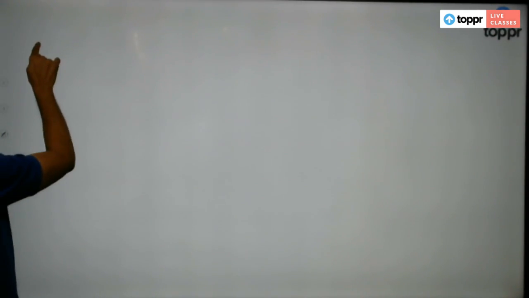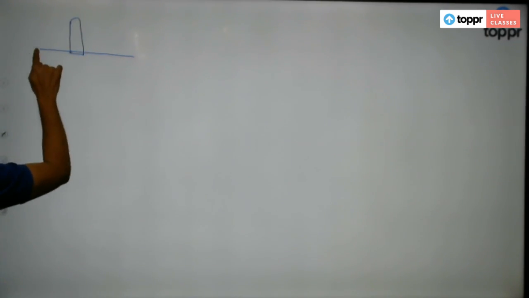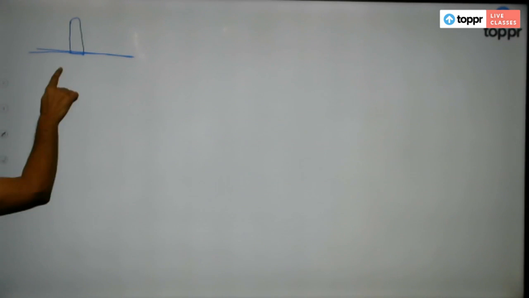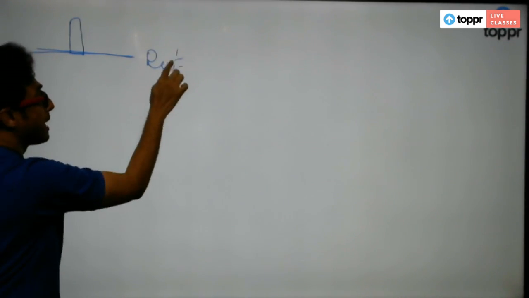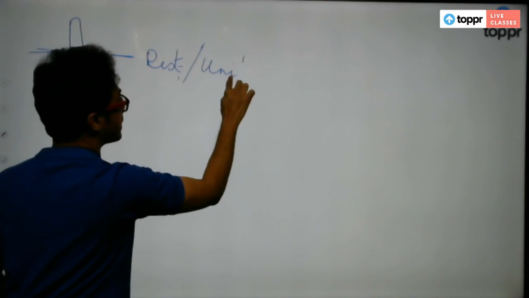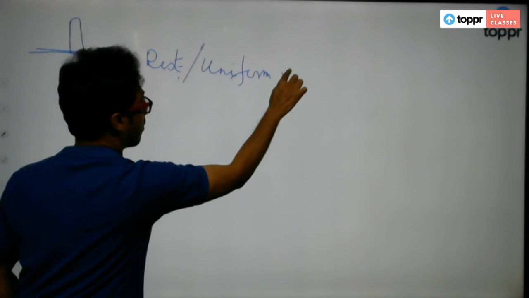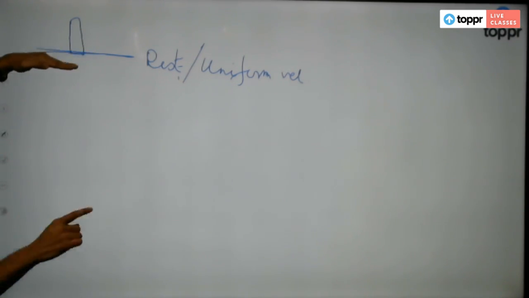See, inertial frame, non-inertial frame. When a person is standing on a platform, suppose this platform is at rest or in uniform velocity. Then we say this frame of reference, that is the frame of reference for the person, if we take the platform to be our frame of reference, is inertial.